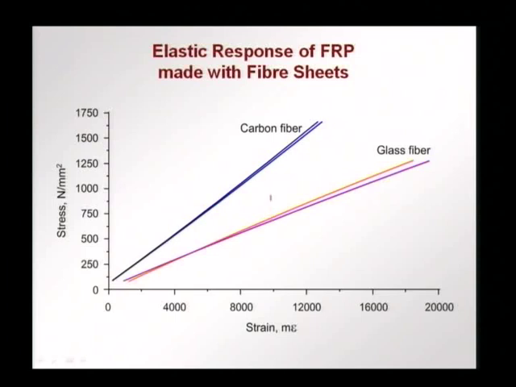The slope is higher, so that means the stiffness is higher. The failure stress is also higher for carbon than for glass. This value is much higher than this. On the other hand, we find that at failure the glass fiber composite has a much higher strain than in the case of carbon fiber.